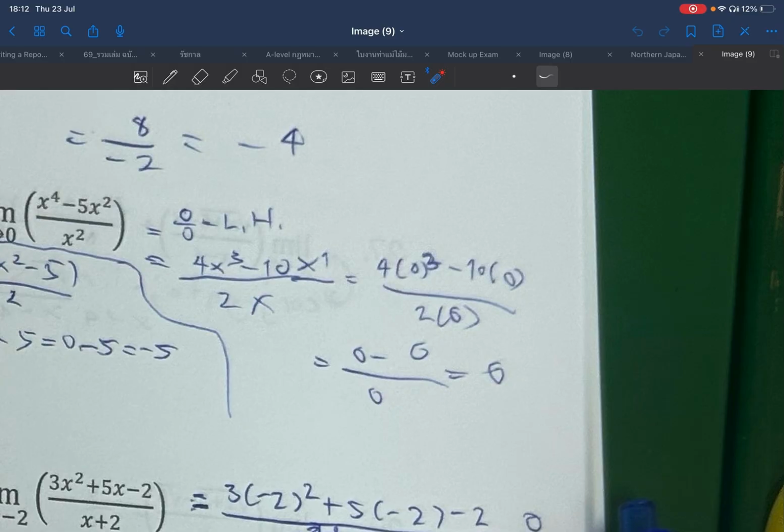And we should evaluate as x approaches 0. Zero times anything will equal 0, so we will get only zeros. And the final answer is 0.